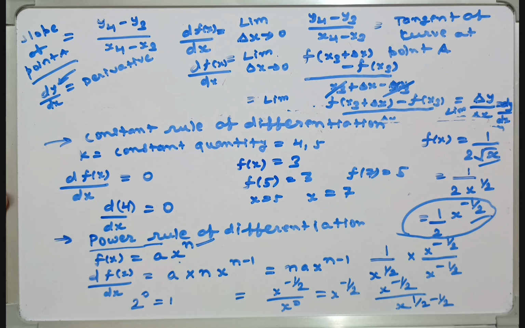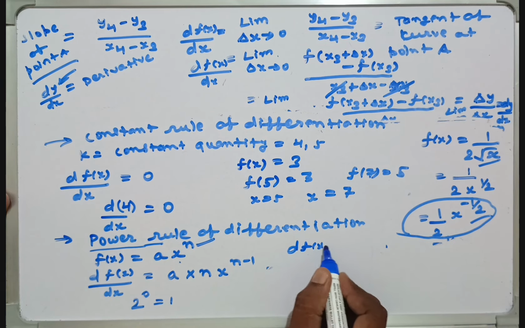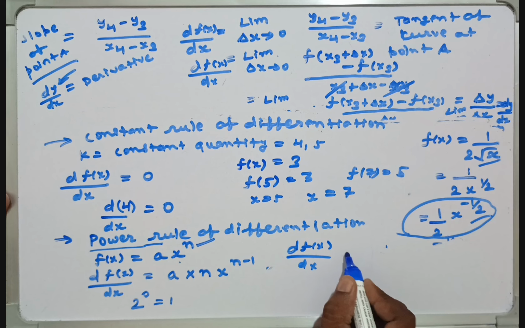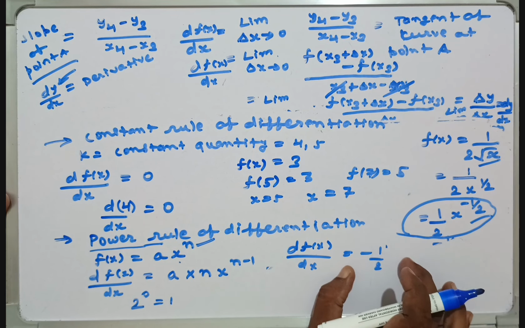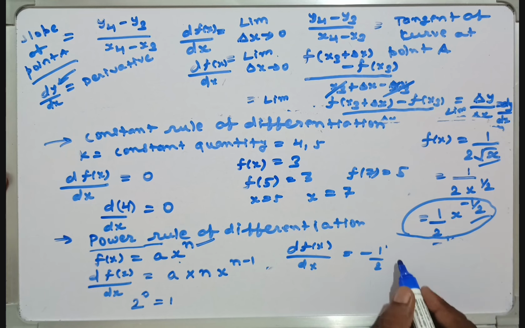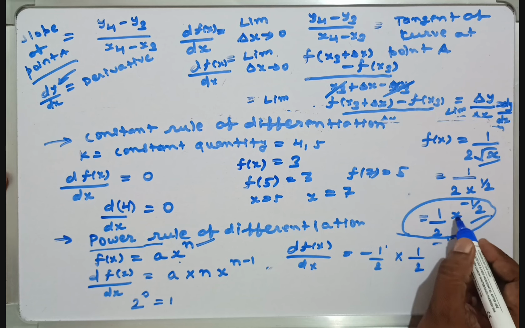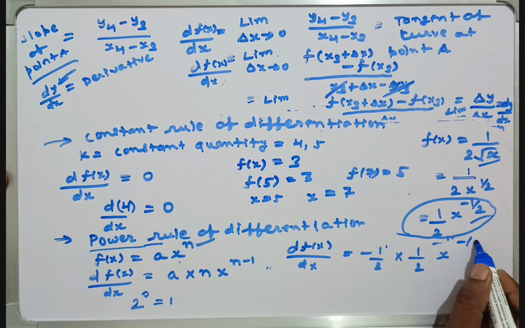See here, df(x) by dx equals minus 1 by 2 times x to the power of minus 1 by 2 minus 1. The power term is minus 1 by 2, so we can write it as minus 1 by 2, then the coefficient 1 by 2 of this x to the power of minus 1 by 2, then again x to the power of minus 1 by 2 minus 1.